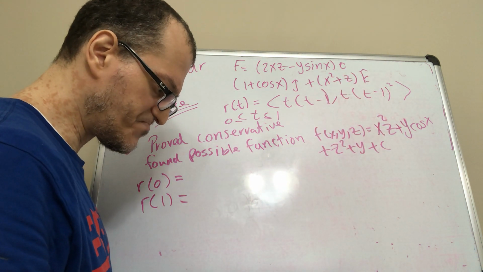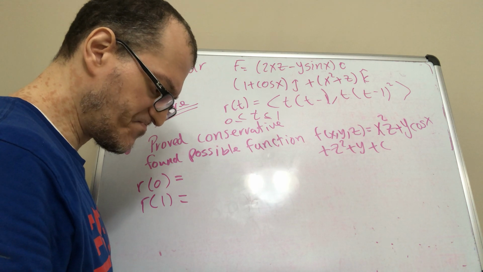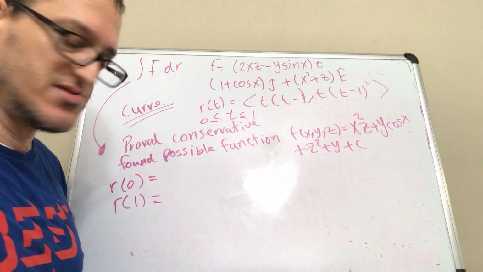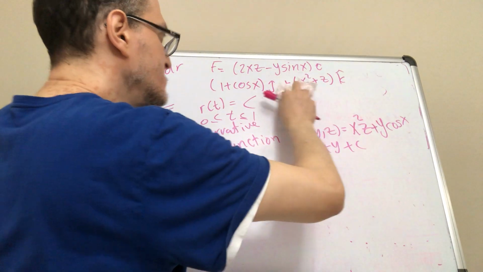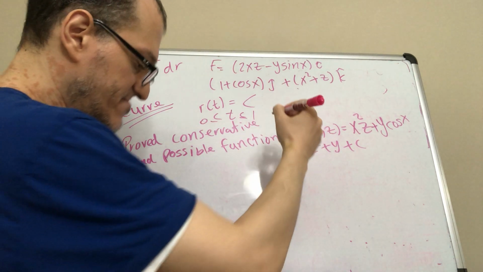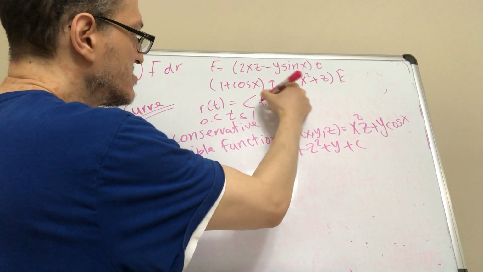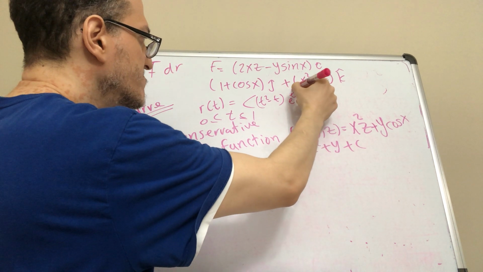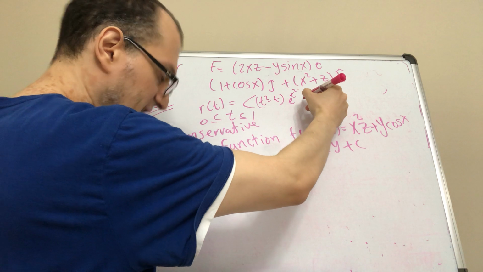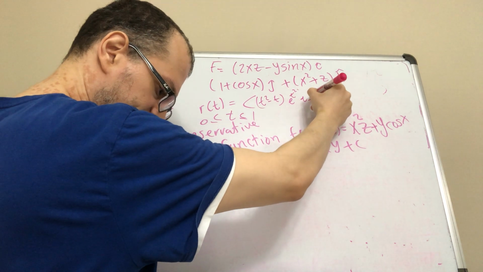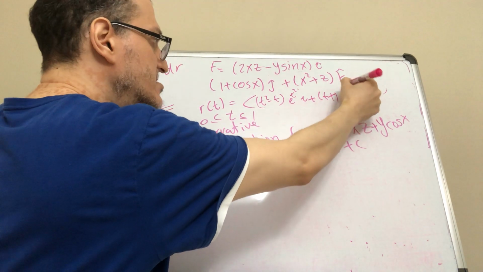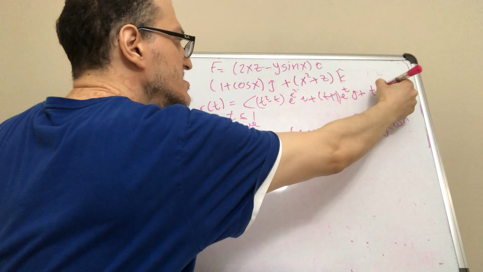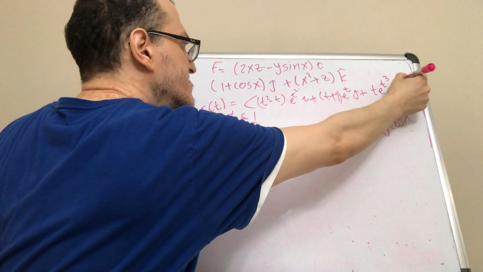Yeah, for the curve. I wrote the wrong curve. Sorry. Let me change this to the right one. It's t squared minus t, e to the t squared, that's for the i. And t plus 1, e to the t, that's for the j. And t e to the t cubed, that's for the k.